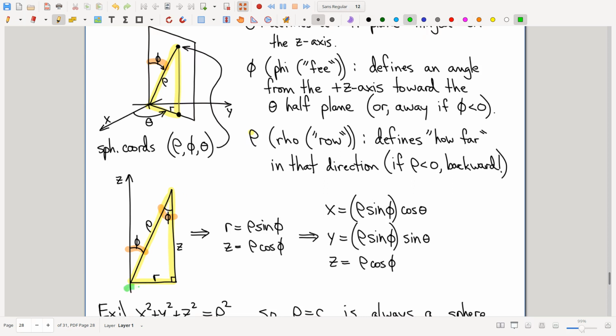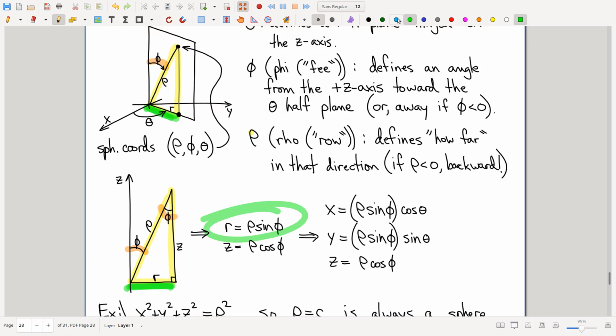So for example, this side here, which you see from the picture up here, is our r. That's the cylindrical coordinate r. As you see in this picture, that cylindrical coordinate r is easily related by trigonometry to that angle phi. And in particular, it's rho sine phi. Easy trig.